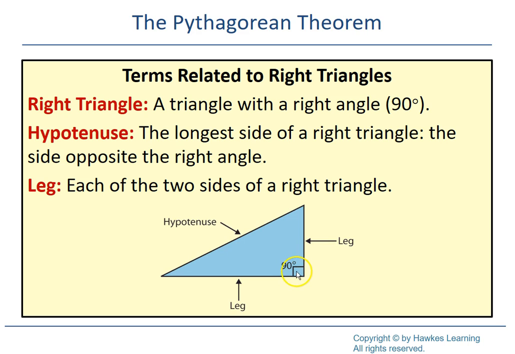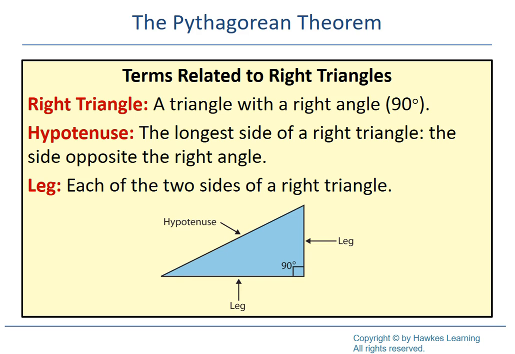So you have the right angle, a short leg, a long leg. Now, the side opposite the right angle is this long side here. The official name for it is the hypotenuse.